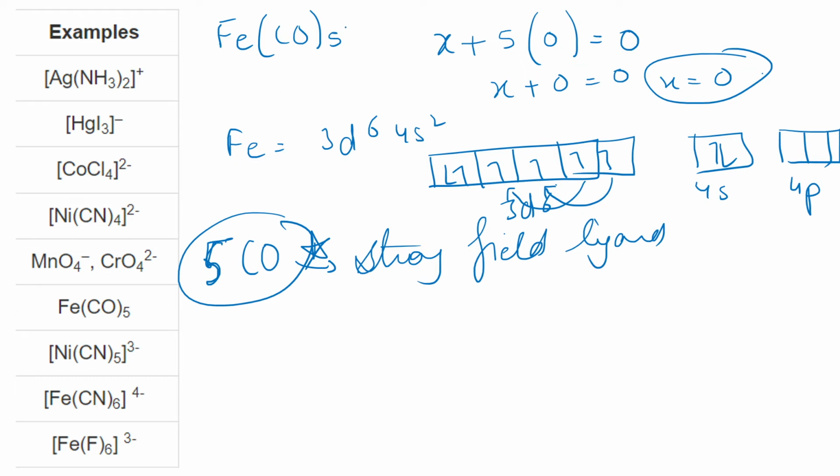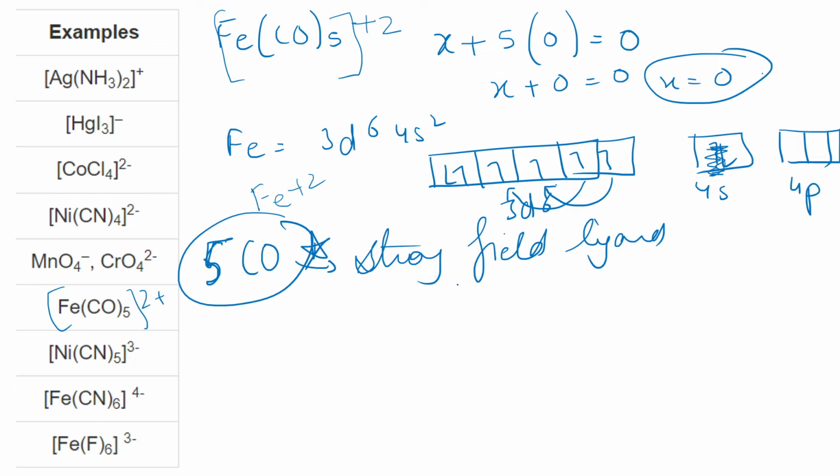Sorry, I made a mistake here. So it has a 2 plus charge, so for iron 2 plus, these 2 electrons won't be there. I made this mistake in copying the question. This is iron 2 plus.